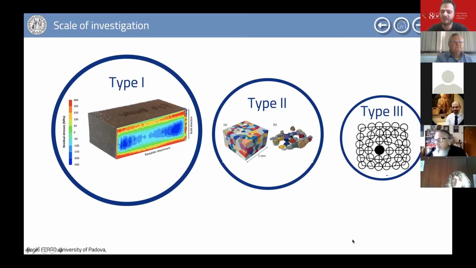Then we have residual stress type 3, in a micro scale or atomic scale, as you can see in this schematic. These residual stresses are induced by atomic defects, such as vacancies or interstitials, that induce a distortion in the lattice of the structure of the component.